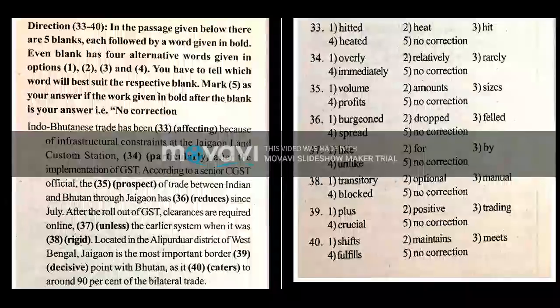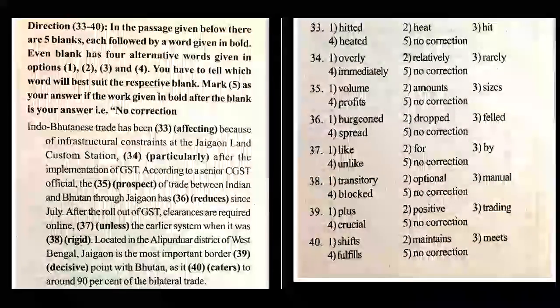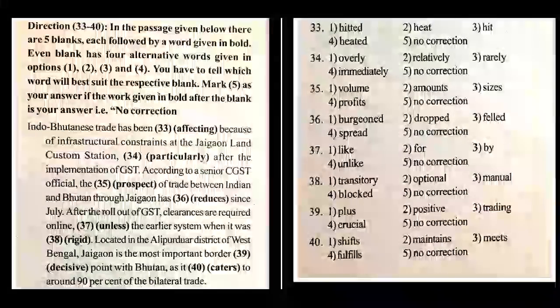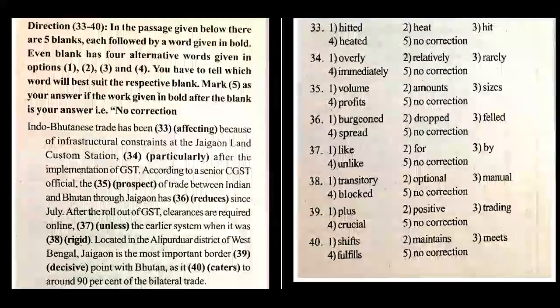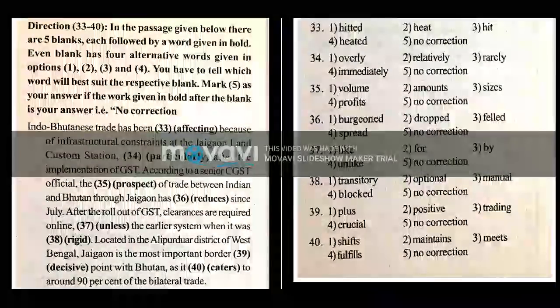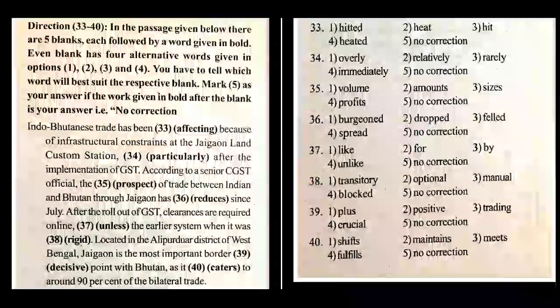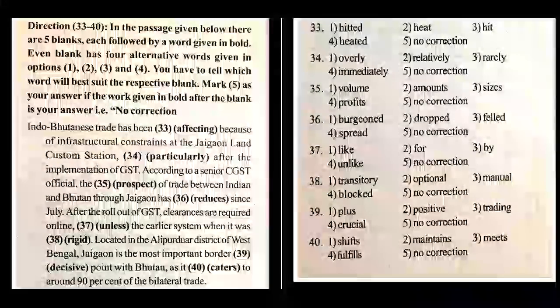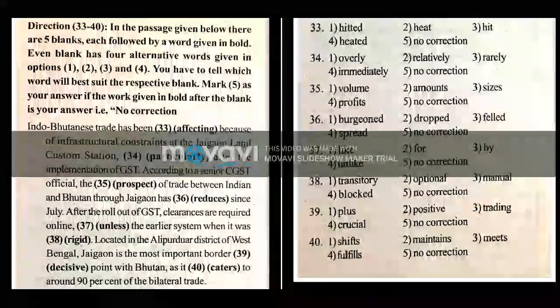A large number of students commit the mistake of visiting the options. I would suggest you not to repeat the same mistake. So what do you have to do under the first strategy? Number one, assume that you have no option provided. Number two, read the passage or the paragraph thoroughly from the beginning to the end, including the blank spaces.